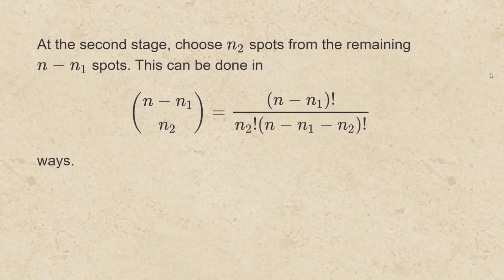At the second stage, choose n sub 2 spots from the remaining n minus n sub 1 spots. This can be done in n minus n1 choose n sub 2, which is n minus n sub 1 quantity factorial, divided by n sub 2 factorial times n minus n sub 1 minus n sub 2 factorial ways.